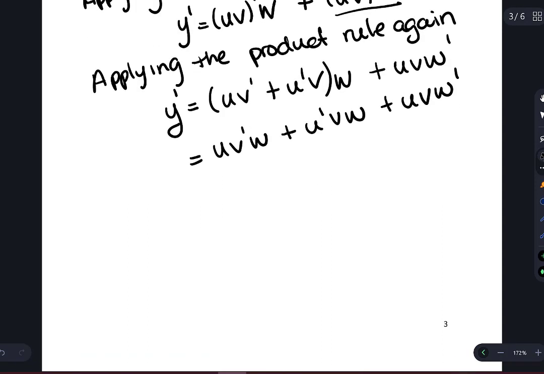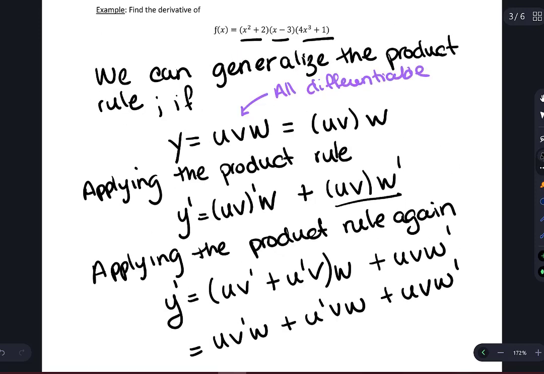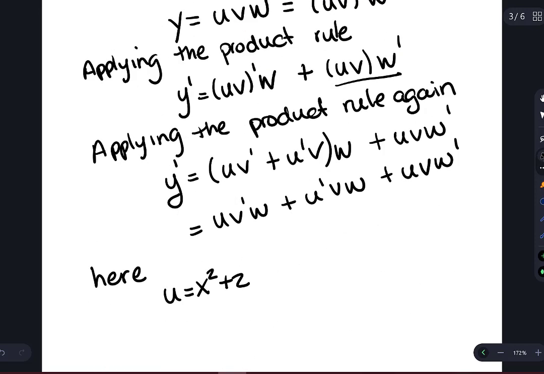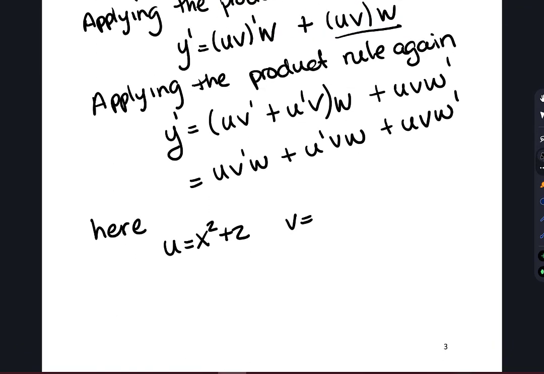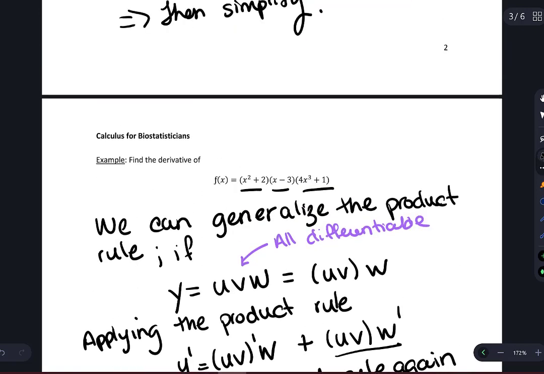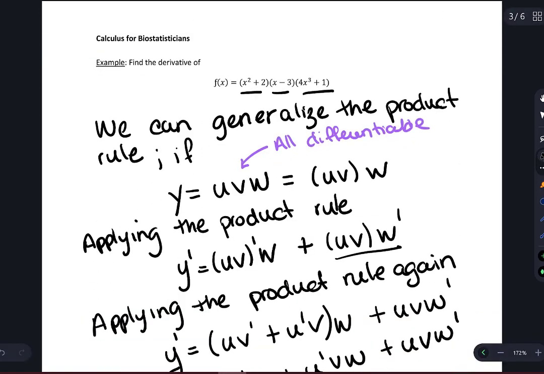So here, for this particular example, we have that u is equal to x squared plus 2, and again, that's coming here from the very top. V would be equal to x minus 3, and w is equal to 4x cubed plus 1.